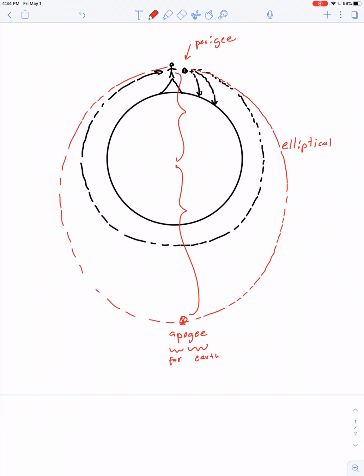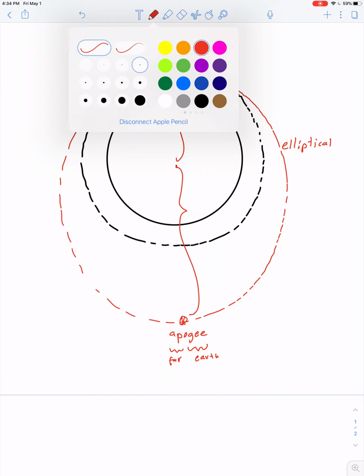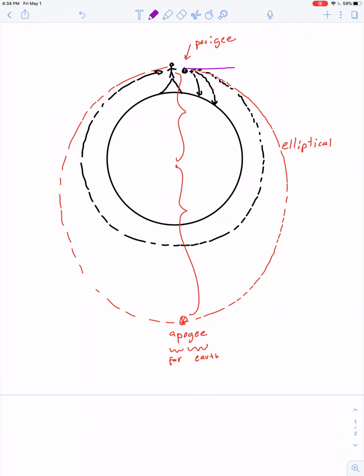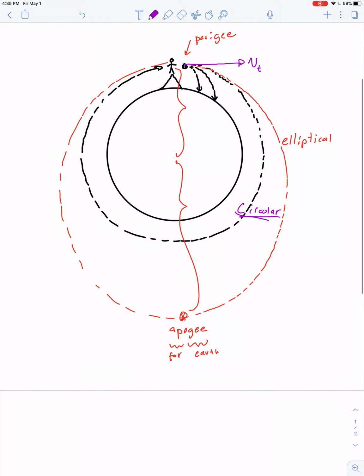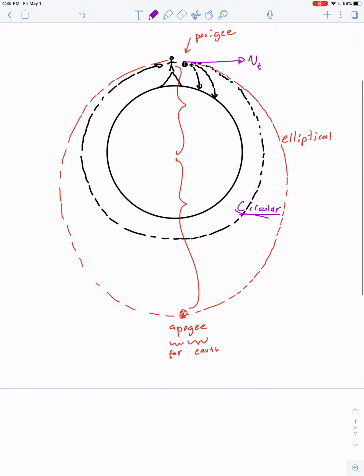For now, we want to consider exactly how fast the baseball had to be projected. In other words, with what tangential velocity does it have to be thrown to produce this circular orbit? So, all we need to do is consider that in a circular path, the velocity vector is always pointing tangent to the displacement, and the force is always perpendicular to the velocity.